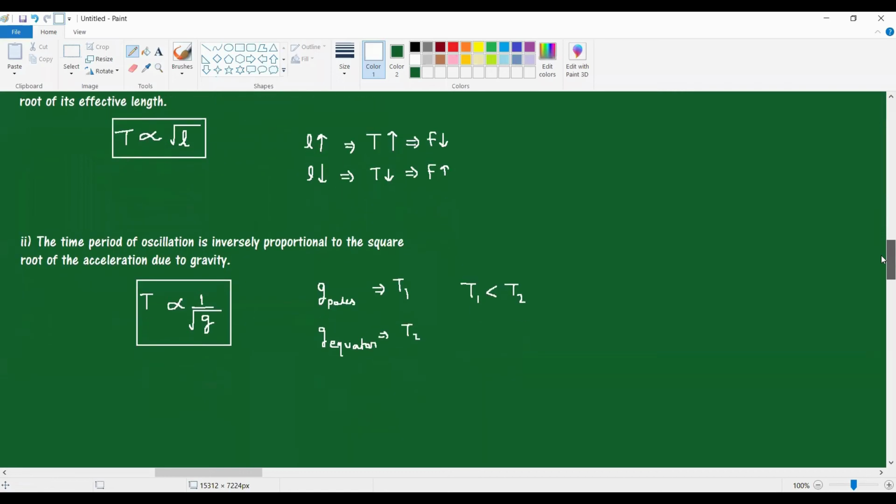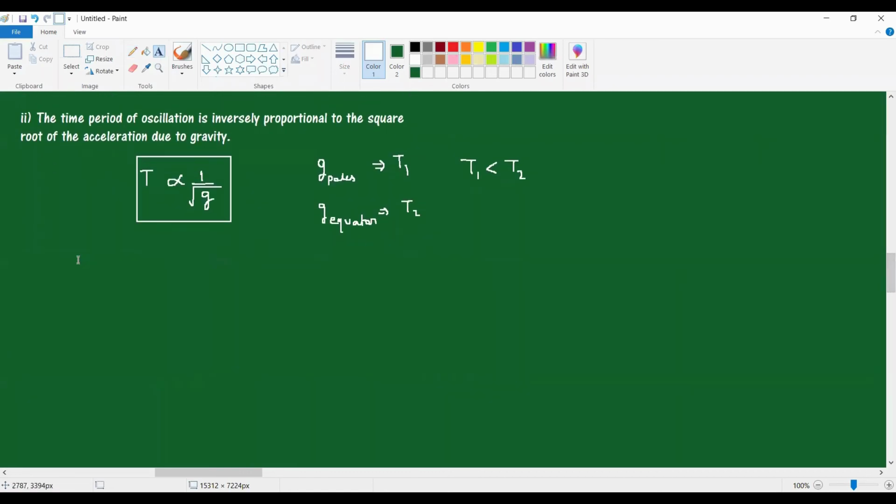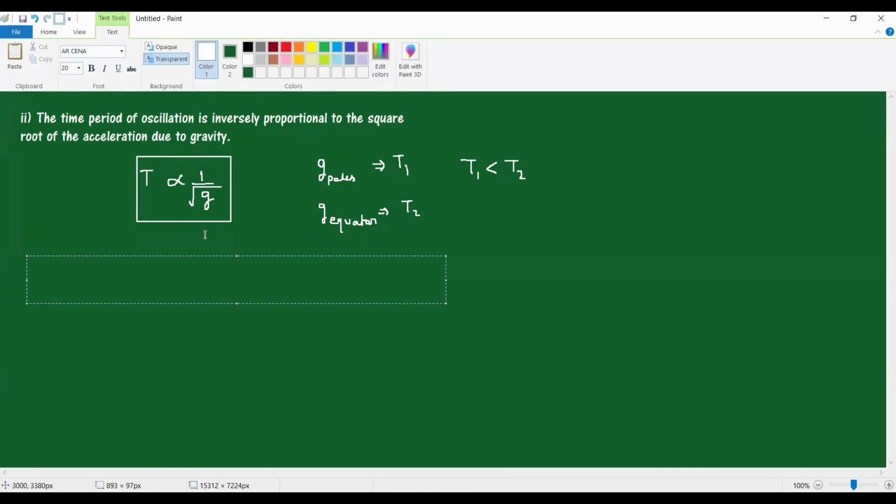Now let's discuss the factors upon which it does not depend. It does not depend upon the mass or amplitude. Clear? So it does not depend upon this. Let's also mention this. Even if we tie up a whole mountain with a pendulum or 1 kg mass as bob in the pendulum, if the effective length of both the pendulums is same, then their time period will be same.